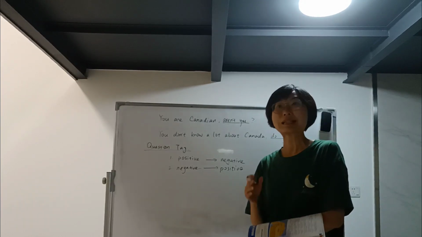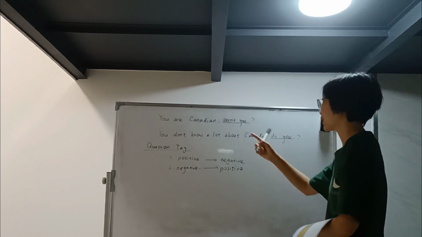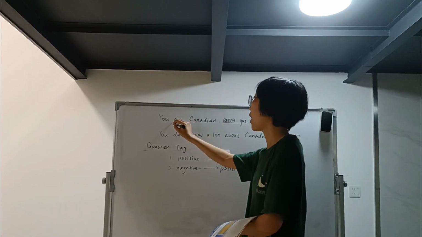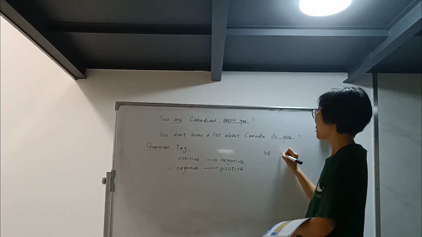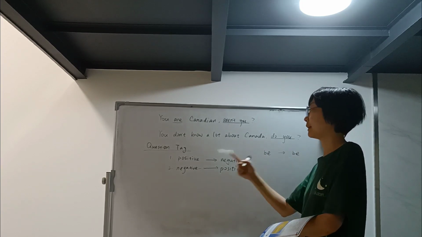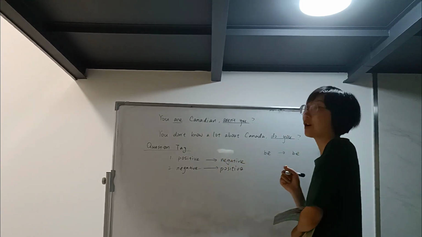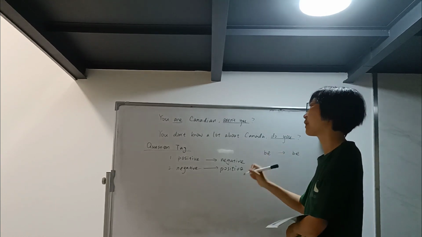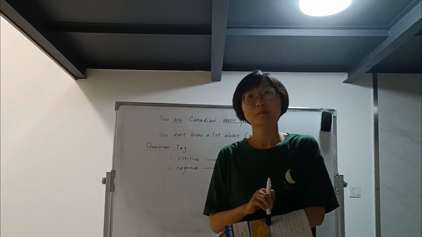How can we make the decision of the word we choose to use? So we can see that here we have are. So what is are? Right, be. We use be again, but in the opposite form. So you are Canadian, aren't you? And do you remember there are other sentences in the listening?